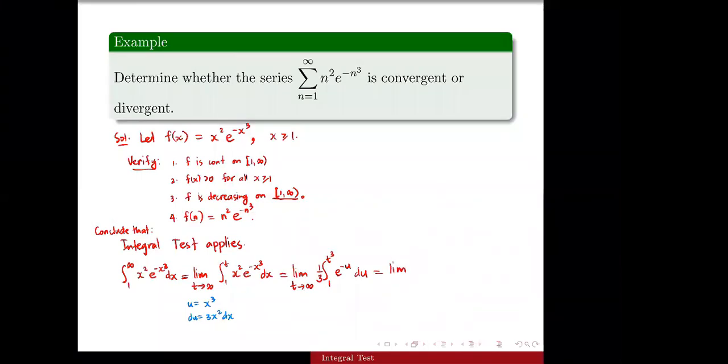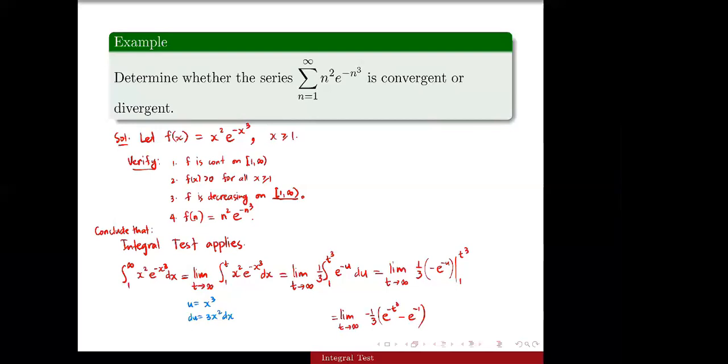So this is equal to the limit as t approaches infinity of 1/3 times negative e to the negative u evaluated from 1 up to t cubed. So here we will have the limit as t approaches plus infinity of negative 1/3 times e raised to negative t cubed minus e to the negative 1.